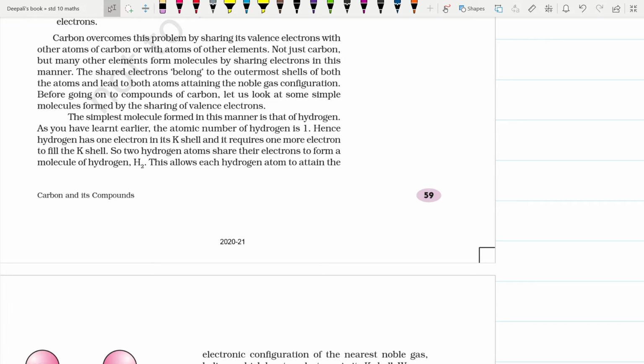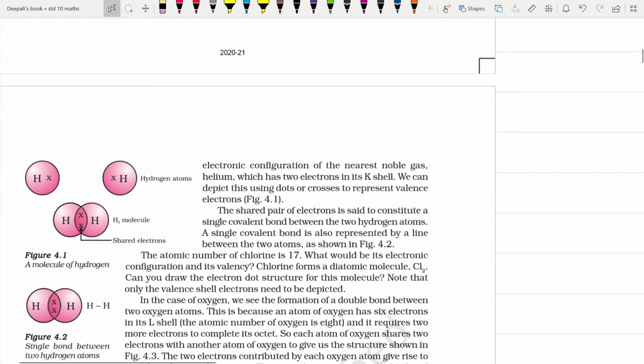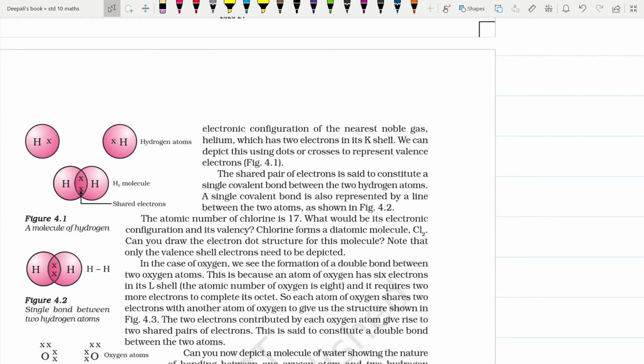So, two hydrogen atoms share their electrons to form molecules of hydrogen H2. This allows each hydrogen atom to attain the electronic configuration of the nearest noble gas, helium.